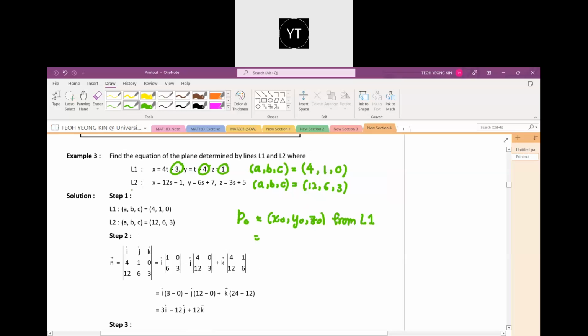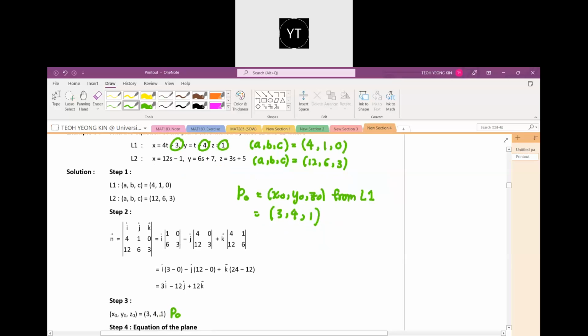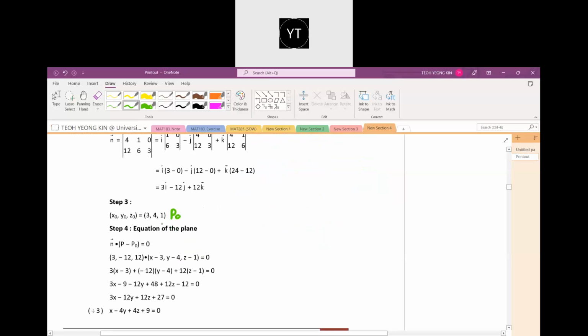You can also use line 2, which gives -1, 7, and 5, either from line 1 or line 2. In this example, line 1 is given, so 3, 4, and 1 is our P naught. Finally, by using this formula, we can get the equation of the plane.